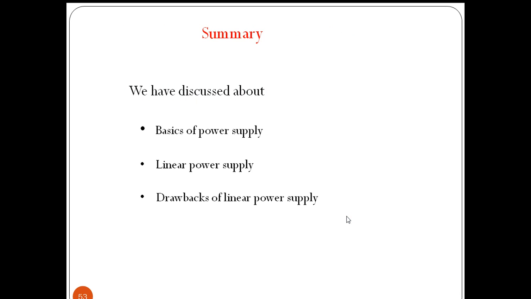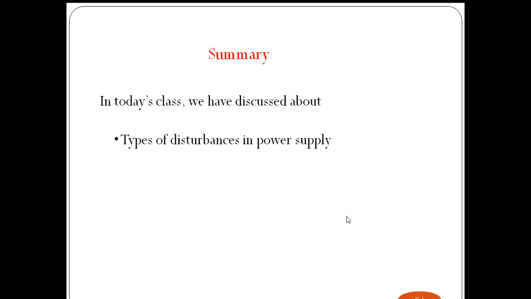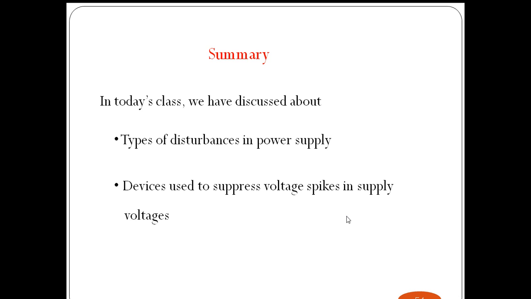Today we have mainly focused on the basics of power supply, linear power supply systems, and the drawbacks of linear power supply, power quality characteristics. We have also discussed the various types of disturbances in power supply and the devices used to suppress the voltage spikes in supply voltages.